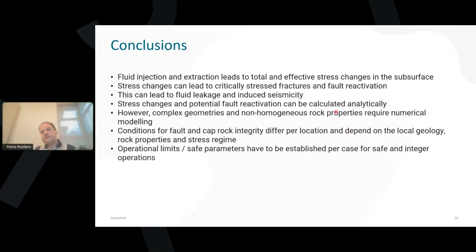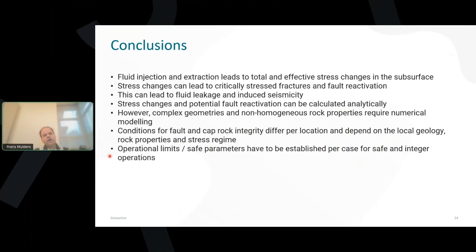You can approach this in an early project state analytically, but ultimately I think you cannot get away without looking more closely with numerical models, at least 2D models, to include more complex geometries and different rock properties in your system.